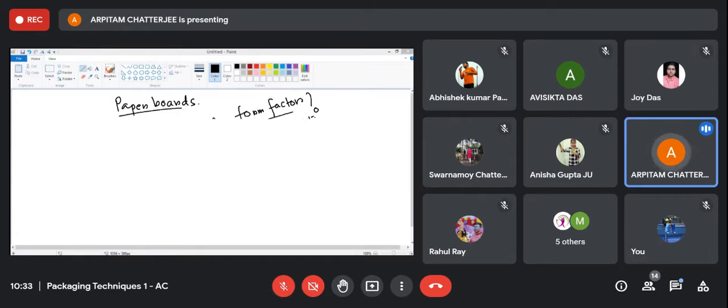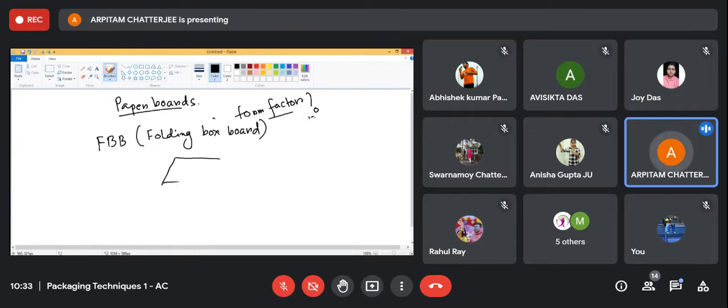You have multiple types of stocks clubbed together to get this particular structure. Let us see how it looks like. What are the different layers of FBB? FBB stands for folding box board. Okay. It is having a structure like this.